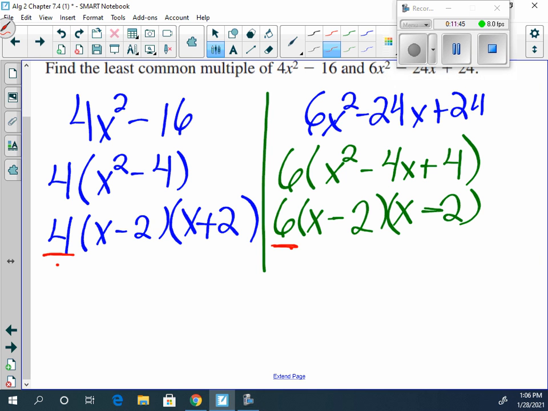Now, there are other numbers after it that'll work, because 12, when I looked at it first, wasn't the first number I thought of. The first number I thought of was 24, yes? But what's the difference between 12 and 24? Well, 2, right? And when we start adding and subtracting these together, any additional factors I add to the least common multiple, I will have to pull out later, which 2 is not a big deal.